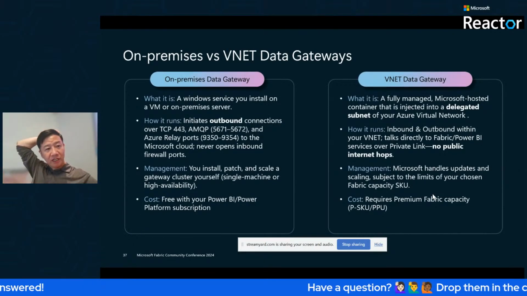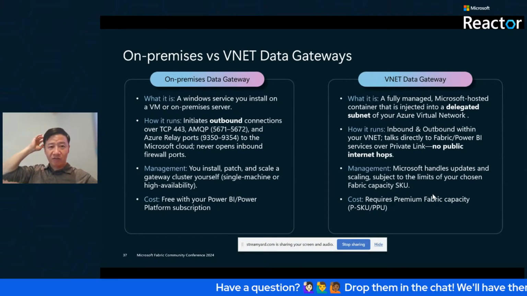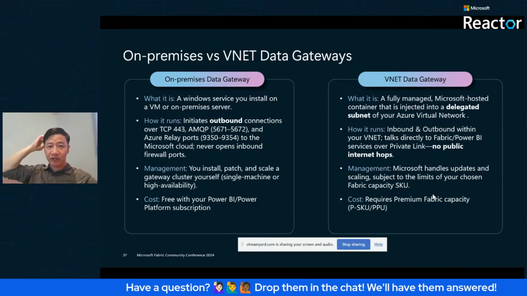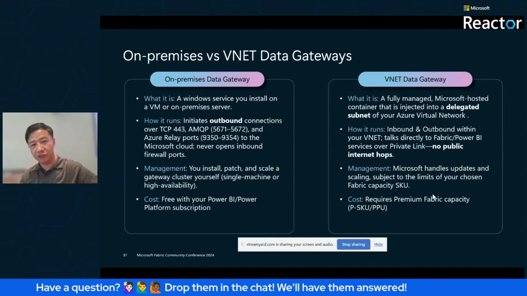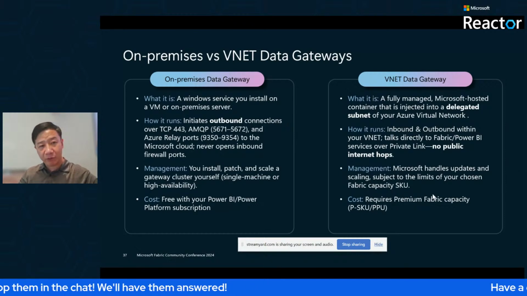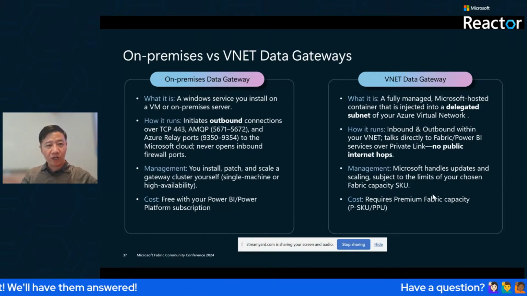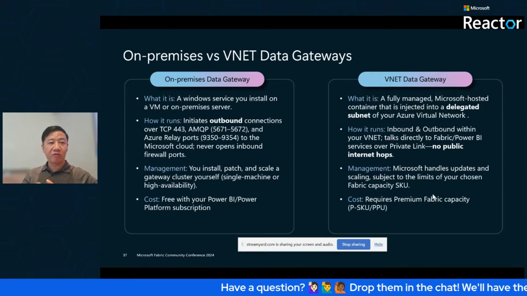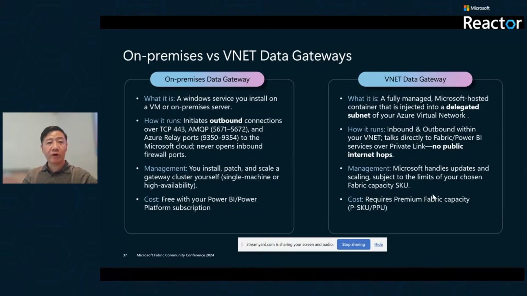So here's the most interesting part. If we already have the on-premise data gateway, why do we also need to introduce the VNet gateway? Here I think is an apples-to-apples comparison. First, what it is. The on-premise data gateway is a Windows service that you install on a VM or on-prem server.